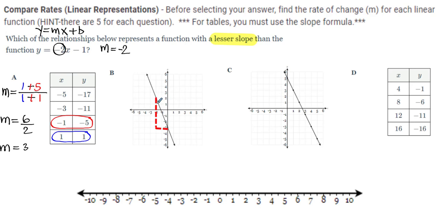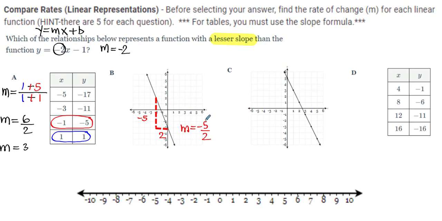So if I go down, count my spots, there's 1, 2, 3, 4, 5. So I went down 5, and then I'll go to the right, 1, 2. So I'm going to go ahead and mark my m is equal to negative 5 over 2. And then as far as showing work for this, it's just simply writing m equals negative 5 over 2.